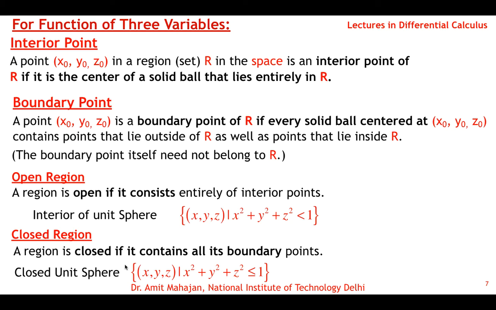Again, we can have regions which are open, which are closed, or which are neither open nor closed. For example, if in this unit sphere I add some boundary points but not all the boundary points, then this will be neither open nor closed. Similarly, we can define bounded and unbounded regions as well.